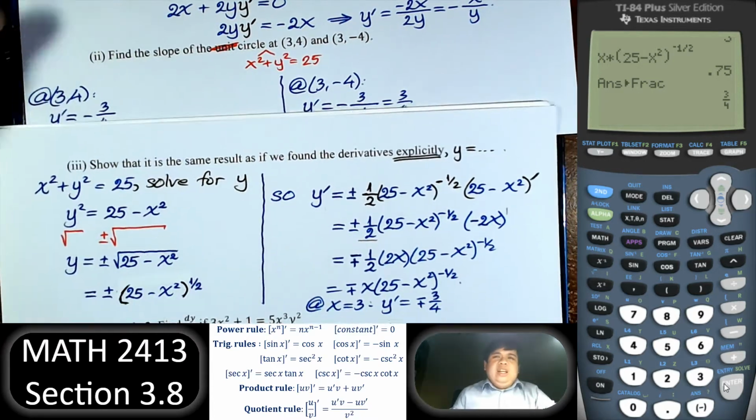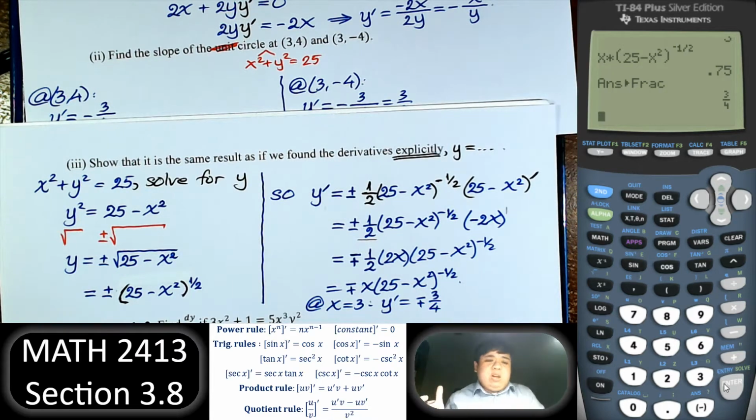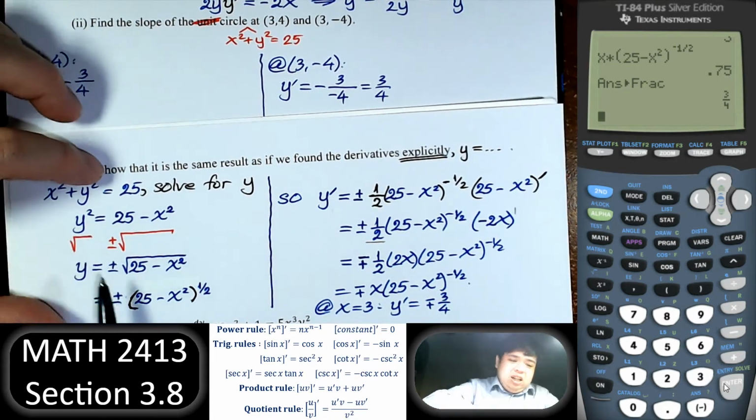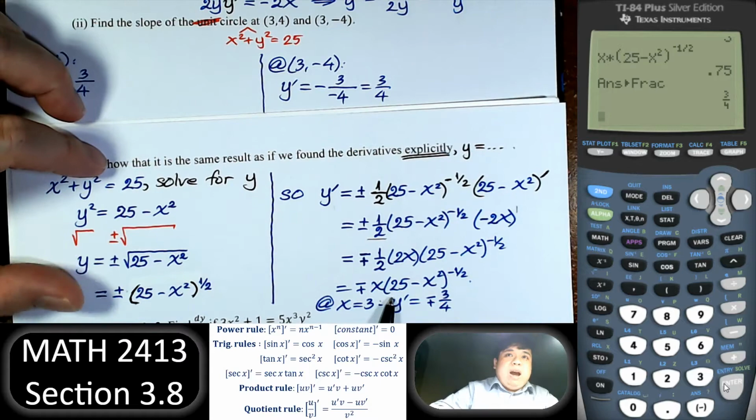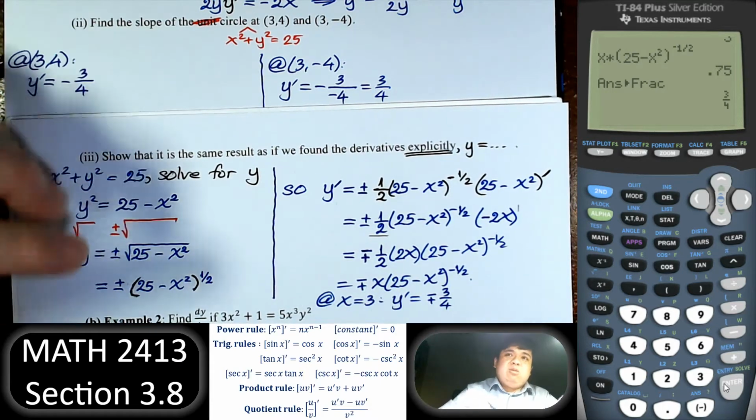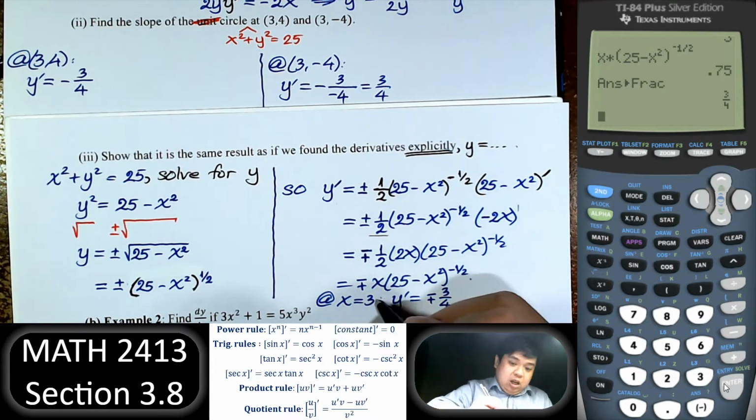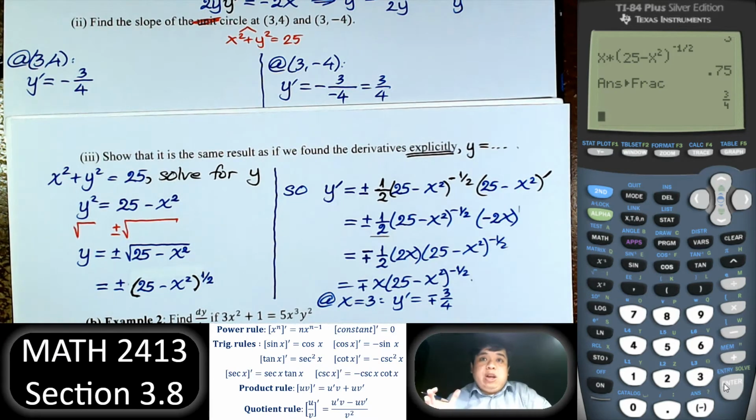So, as you see, the plus or minus, that's rather confusing. Sometimes we have to solve for y, and we substitute back. So it is not very convenient if we do that. So that's why implicit differentiation is very nice, in the sense that we don't need to know what y is equal to, as long as we can find the values.